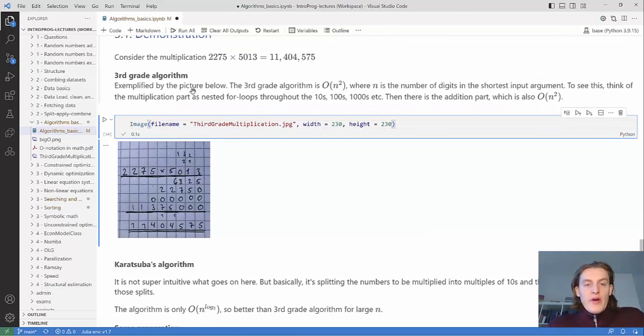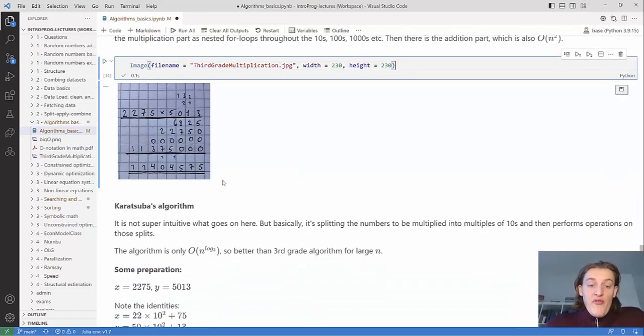Yes, so that's the third grade algorithm, and that's what Python actually does for relatively small numbers, because there it's the easiest. If the number becomes sufficiently large, I don't know when, but at some point, it will do the Karatsuba algorithm.